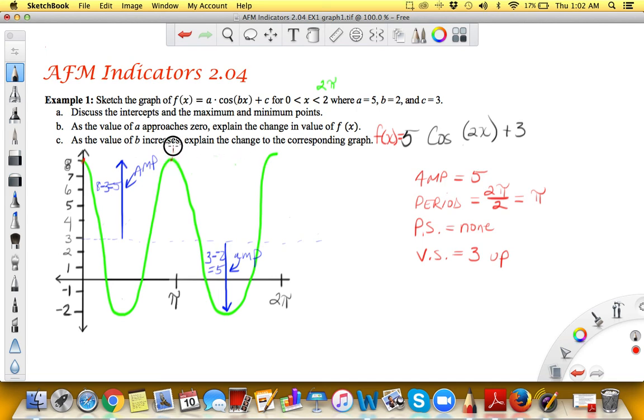If we go from there to there, that's a period. Once again, the graph starts at the highest point because it's the cosine function. It goes to the lowest point, and then it arrives back at the highest point on the graph at 2 pi. So hopefully you all can benefit from this.